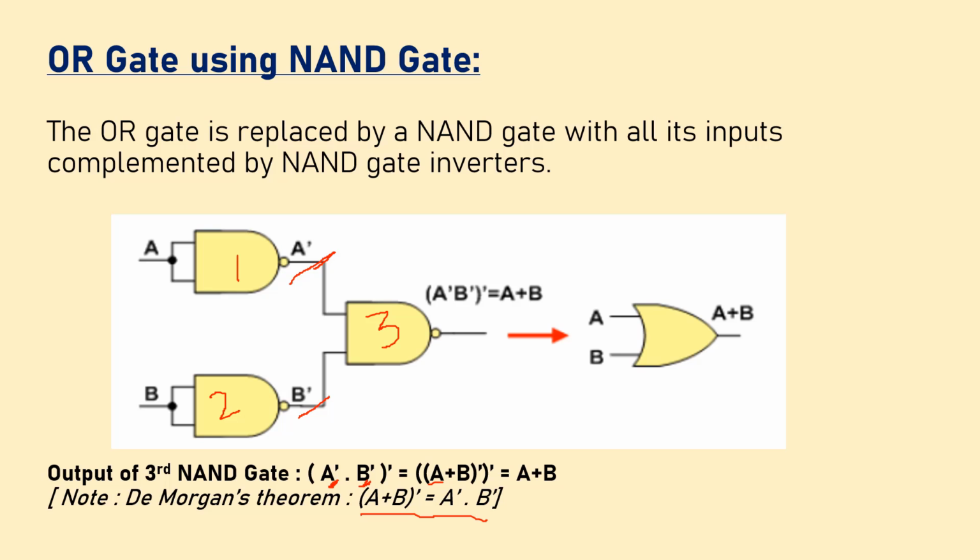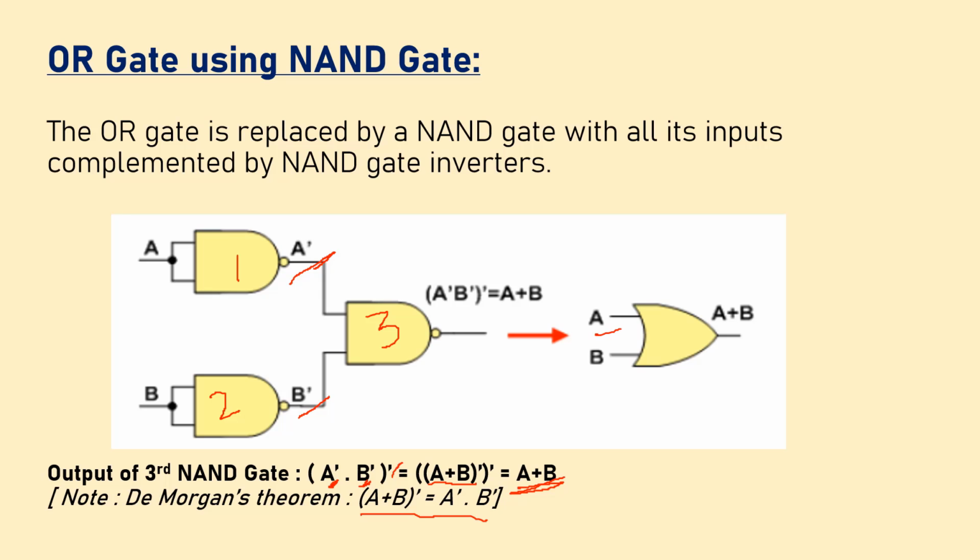If we replace this, instead of A complement dot B complement we write (A plus B) whole complement, and still there exists another complement. Again, according to the double negation law, the complements are cancelled. That leaves the equation only A or B. So with the help of three NAND gates, we can construct an OR gate.